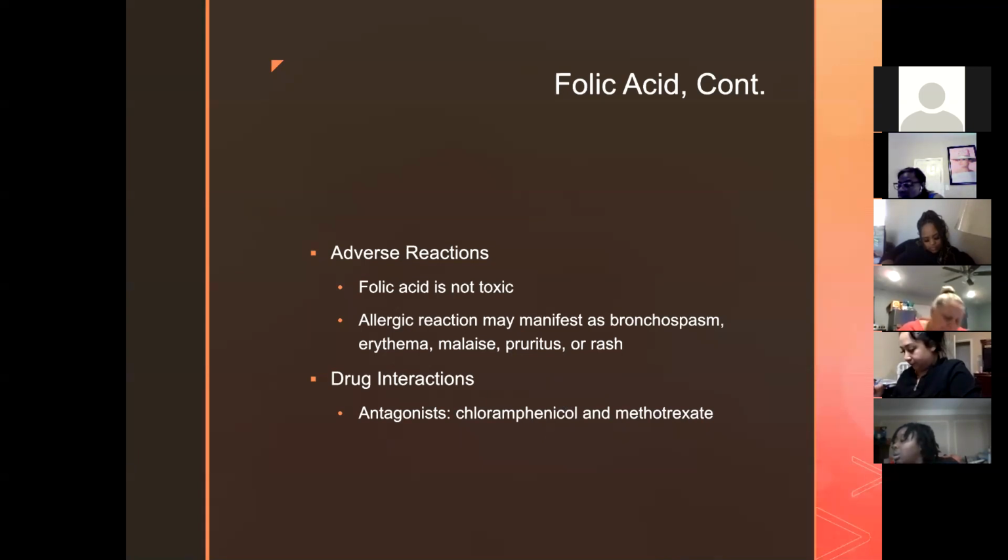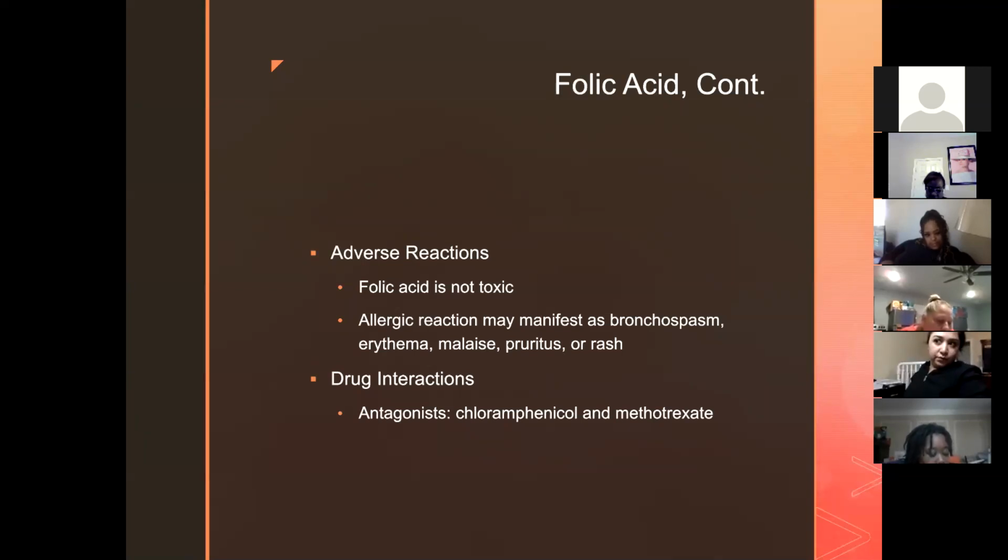So if your patient has cancer and they're taking methotrexate, they cannot take folic acid because it will interfere with the anti-cancer effects. But if they're taking the methotrexate for rheumatoid arthritis, it's in such a lower dose that it actually helps with the side effects. It helps to reduce the side effects of the methotrexate if they're taking it for rheumatoid arthritis. So, careful with that.